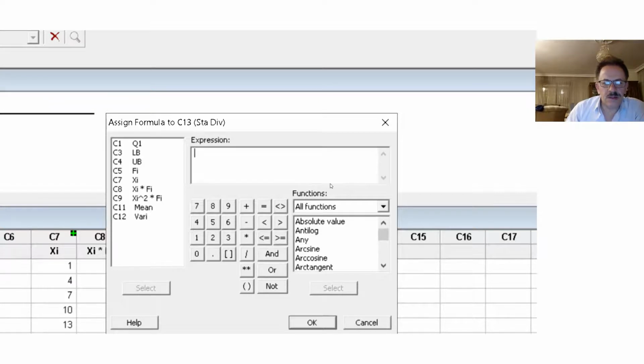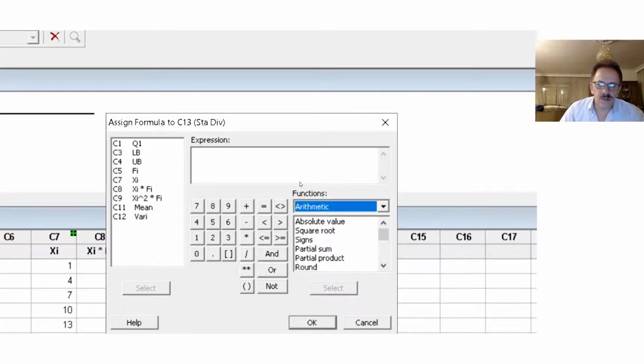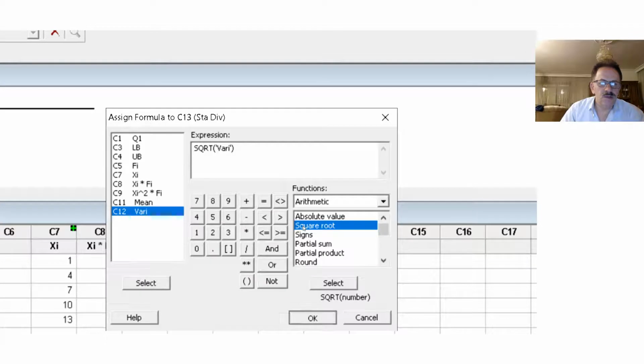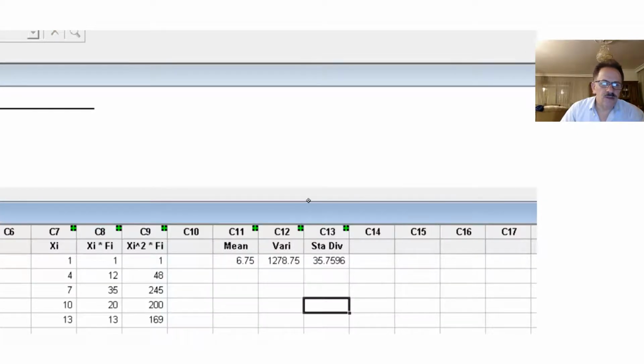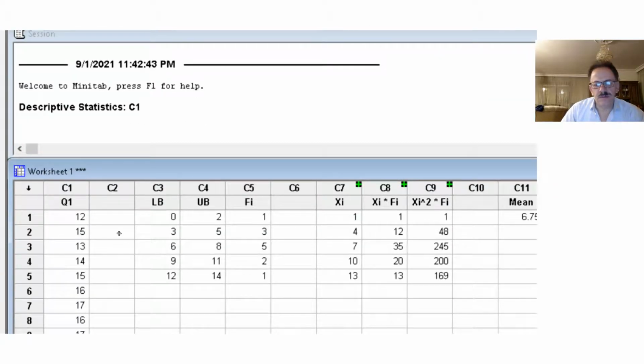I will say it's equal to the square root. You can find the square root command under arithmetic. Here's the square root of the variance. So the square root of the variance will give you the standard deviation.